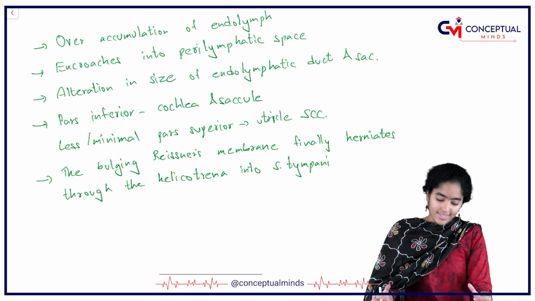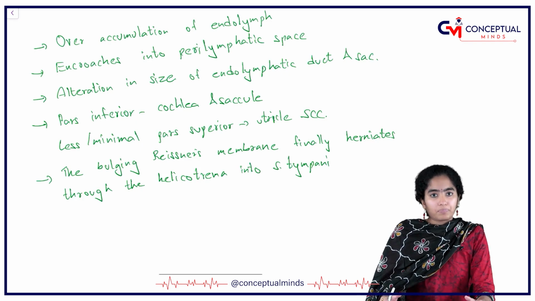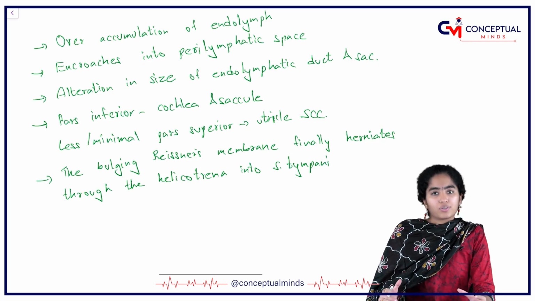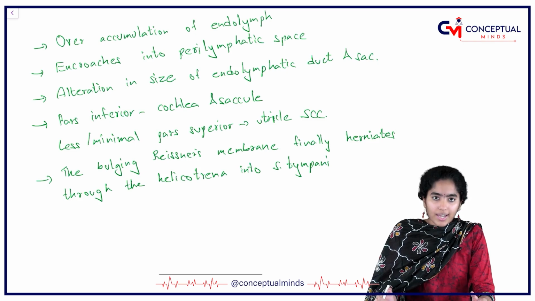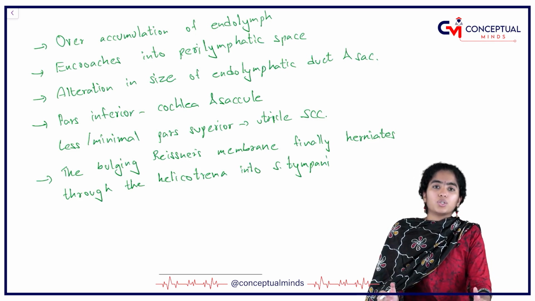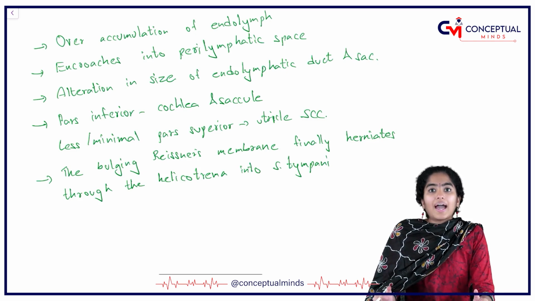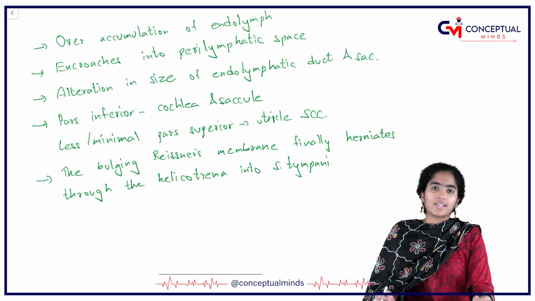Saccule also gets distended. This is about the thing that is happening in the scala media. Along with the cochlea, I told you, the saccule is also a part of this disease process that is majorly involved. So saccular distension will distort the utricle and semicircular canals, plus this distended saccule now comes into contact with the stapes footplate. And this is responsible for the Henneberg sign that the patient experiences.